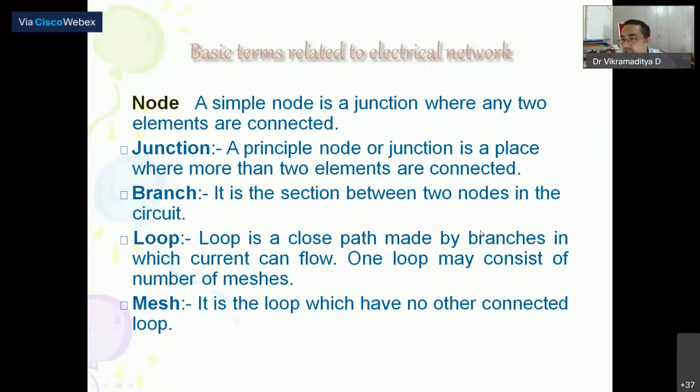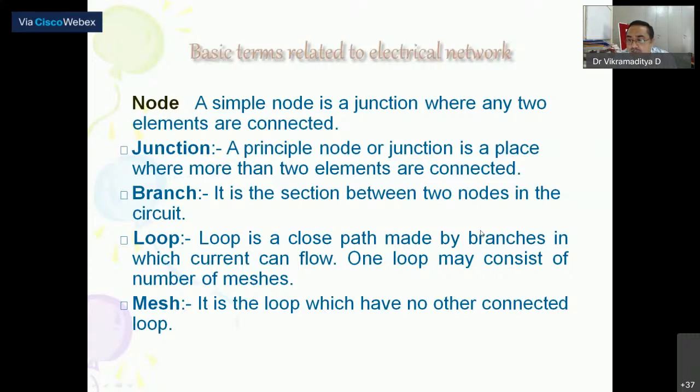Okay, Hardik Singh has asked, may we consider junction or node during counting of branch? What I got from your question is when to consider junction and when to consider node.